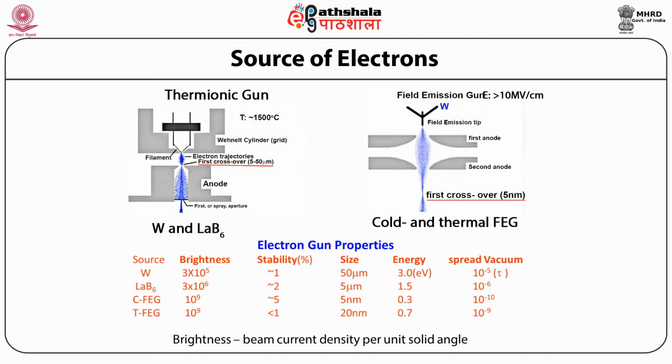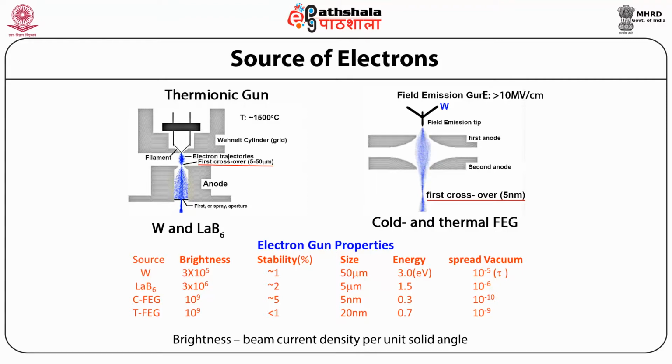So this table tabulates the electron gun properties. If we are using the TFEG or CFEG, it has the maximum brightness and the stability is very high.